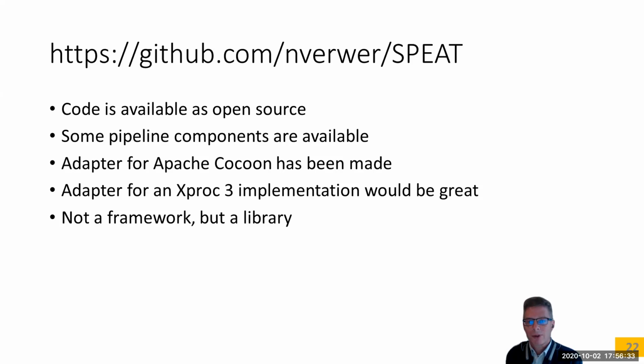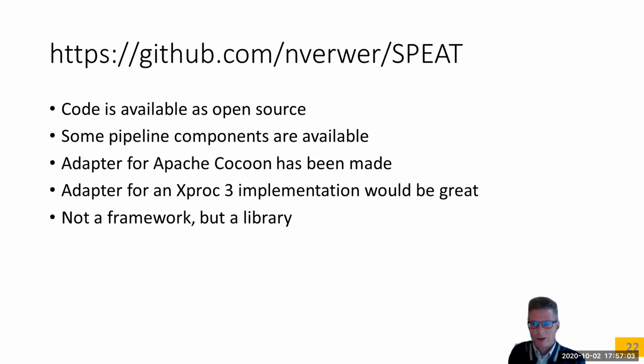There's an adapter for SPEAT pipelines in Apache Cocoon, because we originally made the link extractor in Apache Cocoon. And I would really like to make an adapter for SPEAT for one or both XProc 3 implementations. I'm sorry for the spelling mistake in XProc. I think the P should be capitalized. So this is open source. It's not meant to be a framework.